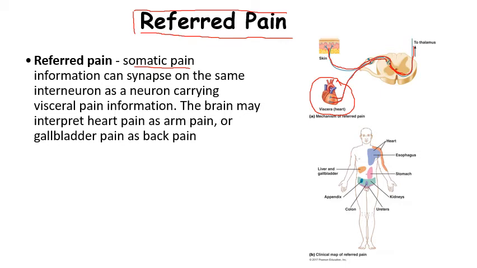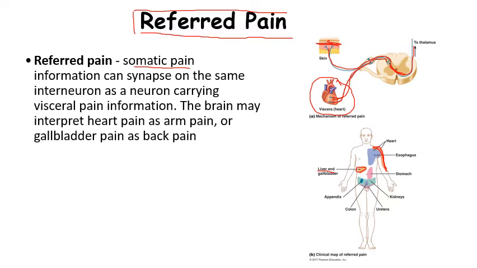Okay. Many times you've heard pain in the left arm. So this would be skin in the left arm, and if I had pain in the heart, I may have pain in this area of skin. And from a medical sense, this is important because if somebody comes in with pain, say in this region, you may want to look for problems in the liver or gallbladder, and so forth.